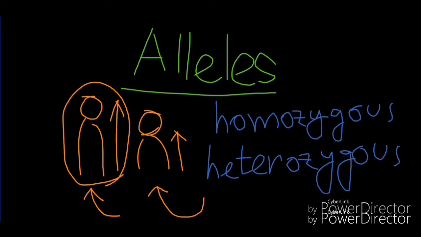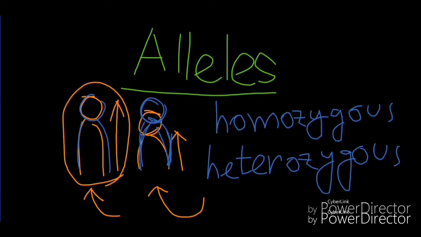So what are these? If your father and mother have the same characteristics, that means your mother has a gene which will make you longer, and your father also has that gene of being longer, that means both your parents are long, they have a longer height.